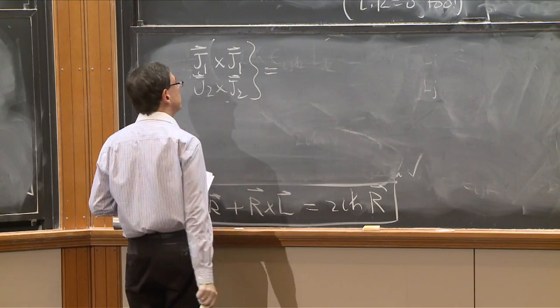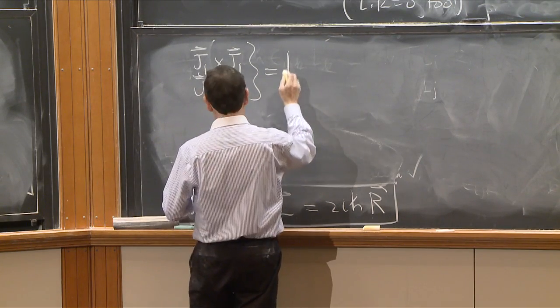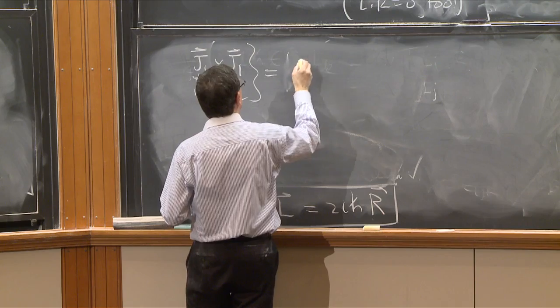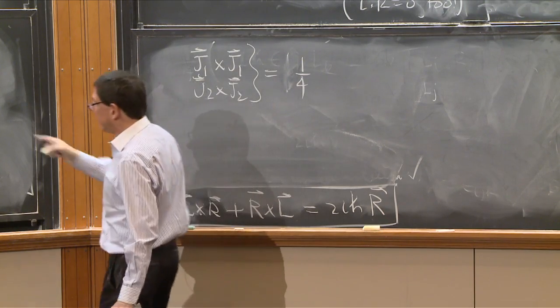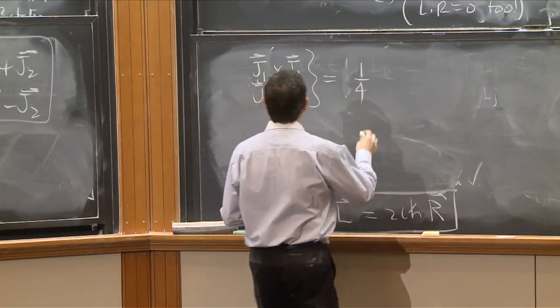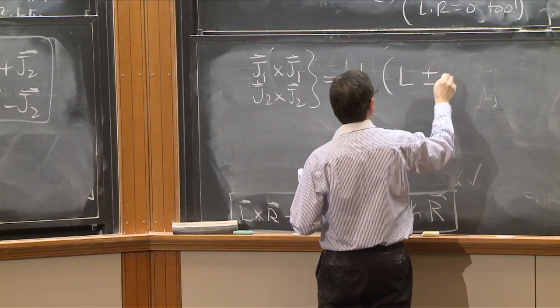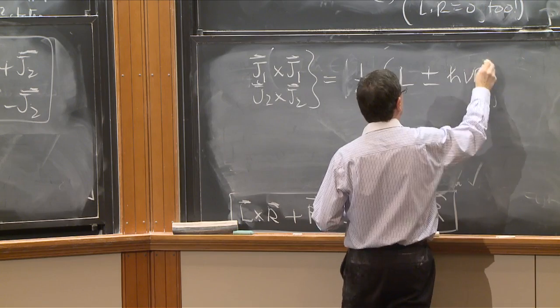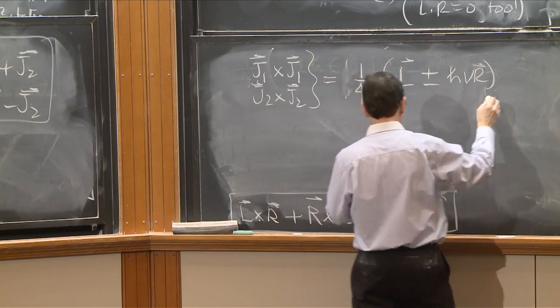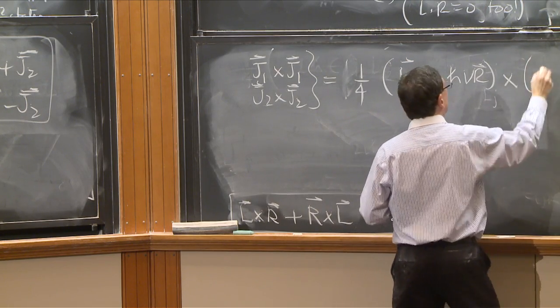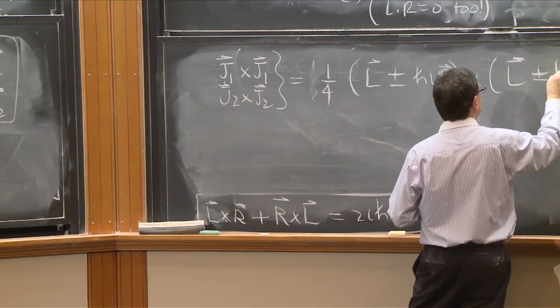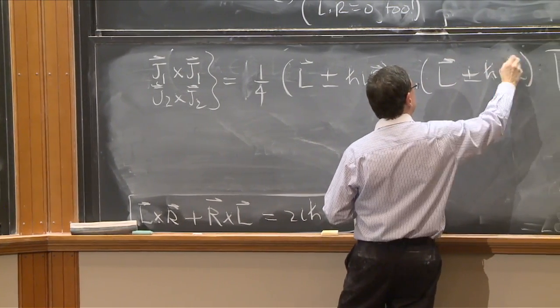And I want to do them simultaneously, so I will do 1/4 of J1 cross J2 would be L plus minus H nu R cross L plus minus H nu R.